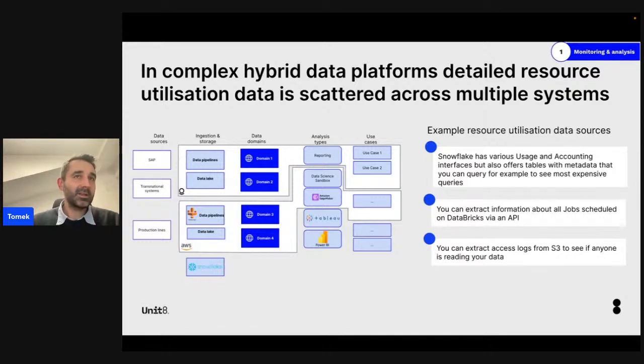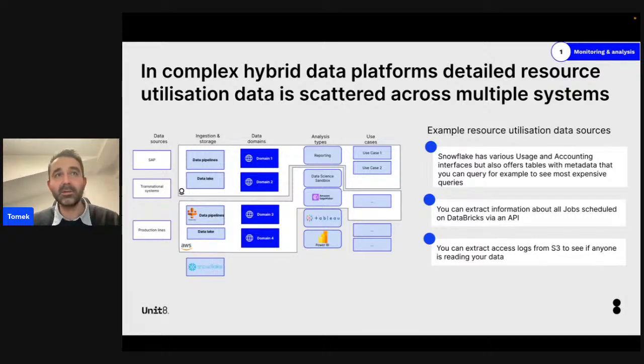Likewise, Databricks, they have an API. You can scrape jobs from there and for example look at schedules. This is something that we often do in Unit8. By scraping schedules of your jobs, you can find schedules that run some pipelines every minute, where in fact the business only needs to see the data refreshed every day or every week. So just changing schedules on various jobs can actually save you a lot of money.